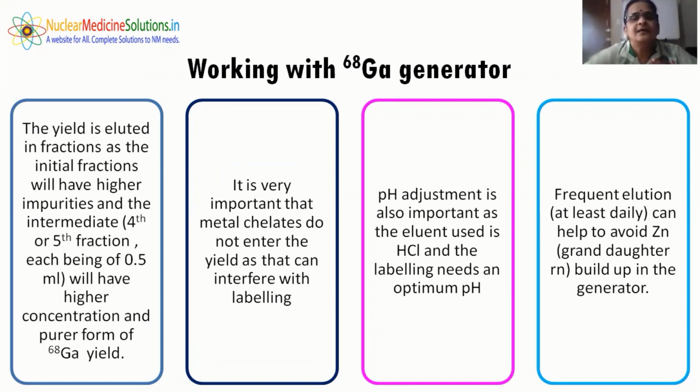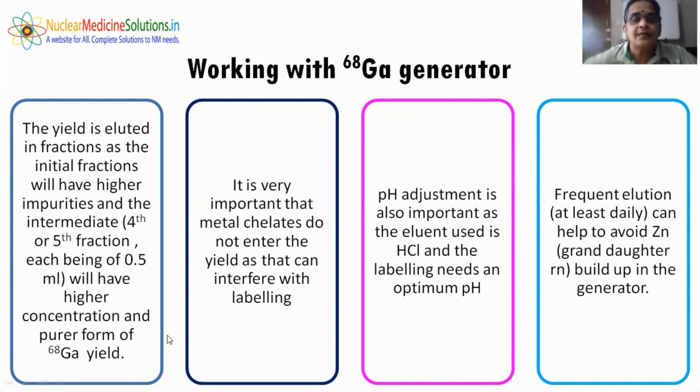The initial fractions will have higher impurities, and the intermediate, mostly the fourth or fifth fraction, is best, and all this has to be standardized once it is set up in your department. Generally each is a 0.5 ml fraction, and the highest concentration is mostly obtained in the fourth and fifth fraction.